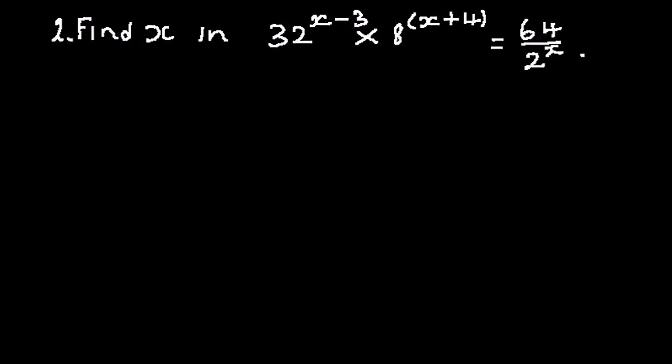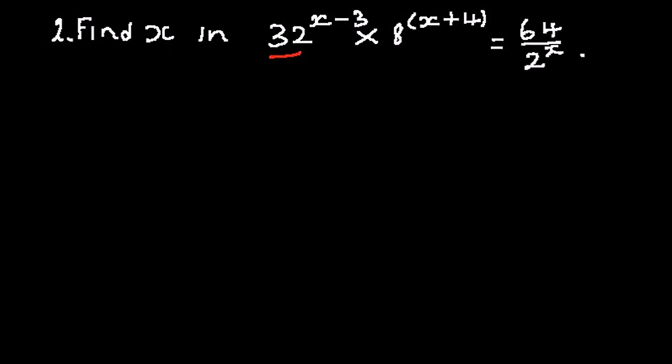So in this question, we are supposed to find x, whereby we are given that 2 raised to power x minus 3. We are also given 8 raised to power x plus 4, which is equal to 64 divided by 2 raised to power x.